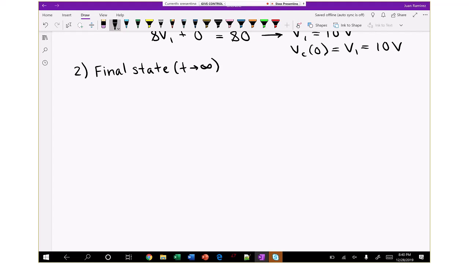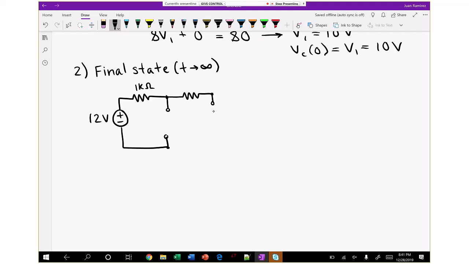So as time approaches infinity, we assume steady state conditions again, and that means you have your 12 volt source, you have the 1K resistor, and the capacitor again looks like an open circuit. You no longer have that 8 volt source because the switch has now opened, but what you have left is the 2K ohm.